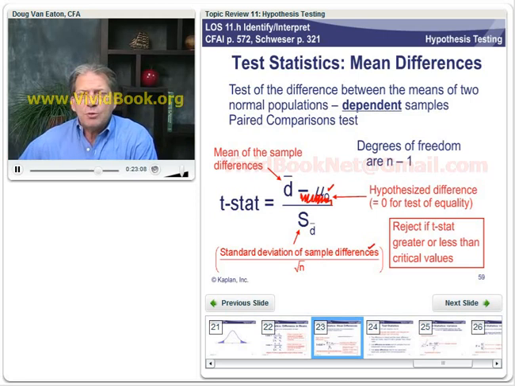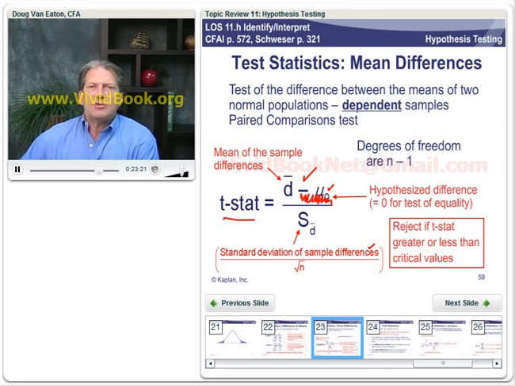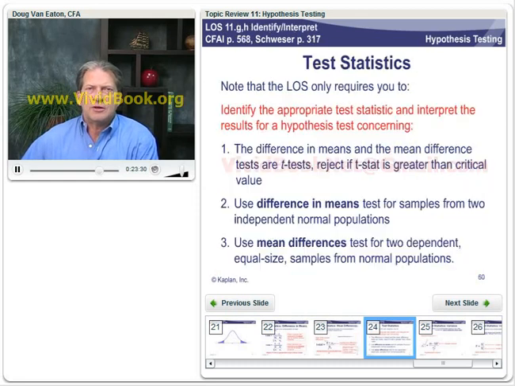So we're going to reject, again, it's a t-statistic, you need to know that. The average difference for our time period is in the numerator, and then we're going to measure that average difference in terms of standard errors. And that's going to be our test statistic.